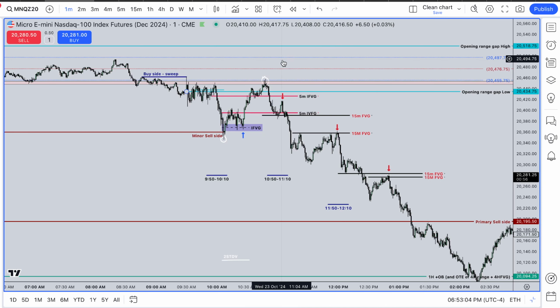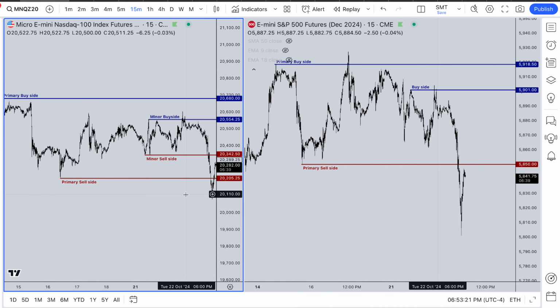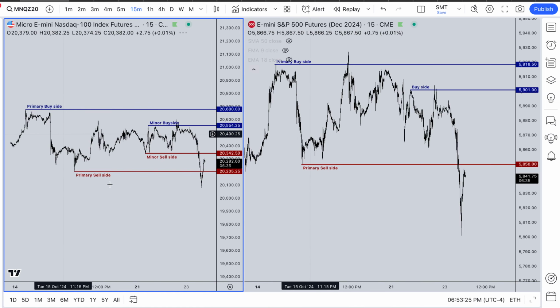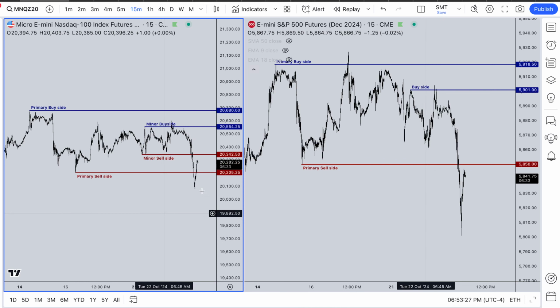Yeah, we used that first percentage fair value gap multiple times this week now. And today's fair value gap in here, this one, was very, very small. Okay, then we have the SMT divergence. We have primary buy side of the Nasdaq not even tapped.